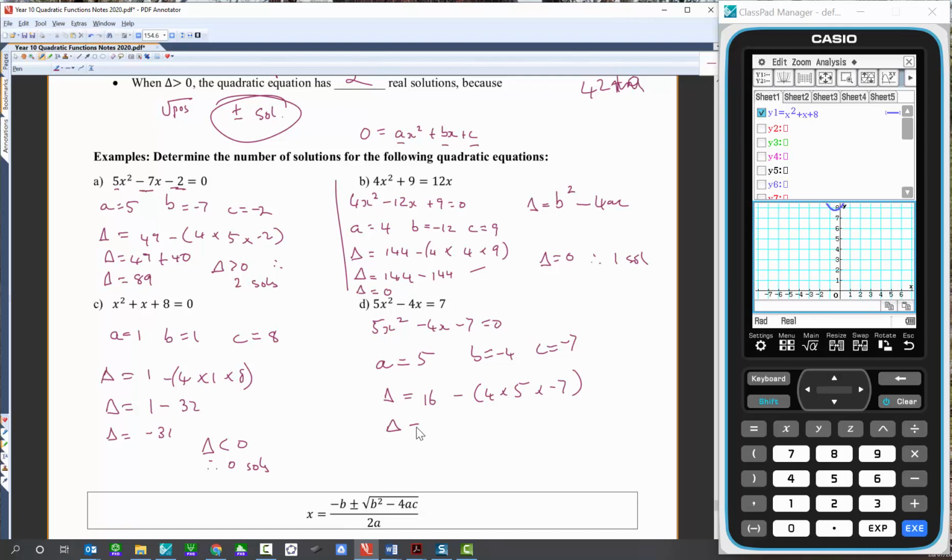Okay, I've got a good feeling about this one. 16 take away, this is going to be add 20 times 7, 7 times 20, 140. Mental blank for a sec there. Discriminant equals 156. Discriminant is larger than 0, therefore 2 solutions.